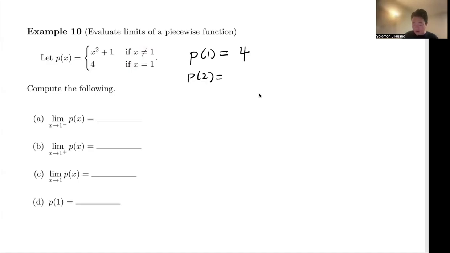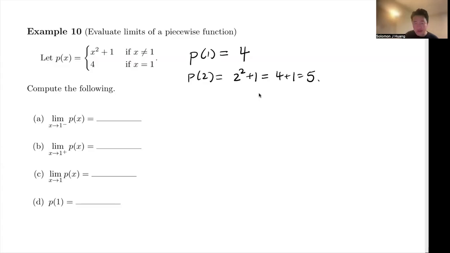So P of X in this case will take on the top function x squared plus 1. So we just throw the 2 into the top function, and we get 4 plus 1, and that's equal to 5. So that's a few examples and also a good review of what a piecewise function is.